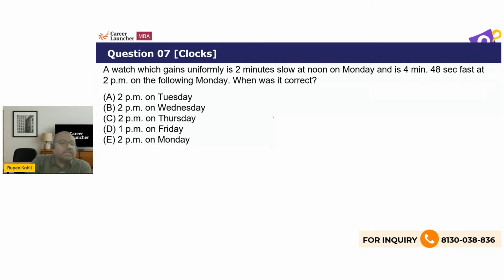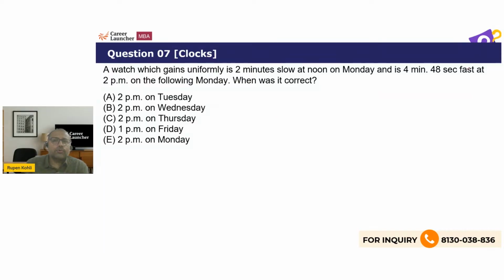A watch which gains uniformly, so it is running faster than usual, is 2 minutes slow at noon on Monday. Slow means it is behind the correct time by 2 minutes at noon on Monday. That means when the correct watch shows 12, this watch shows 11:58.